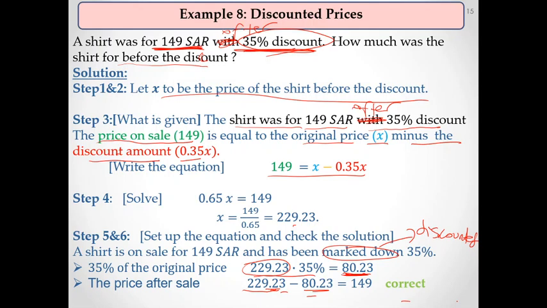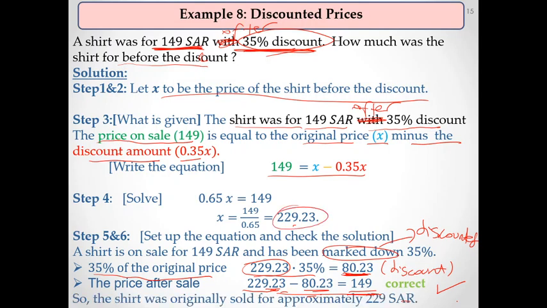Yeah, this is the discount amount here. It should be equal to 149. We check it, it's correct. So it was almost 230 SAR, 229 SAR. Okay, next. That's it. Thanks for watching.